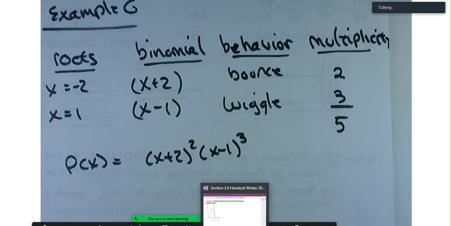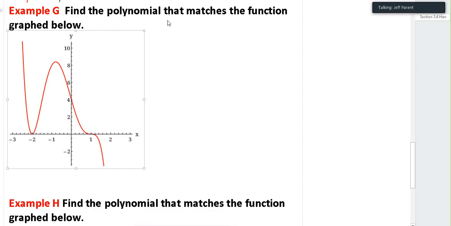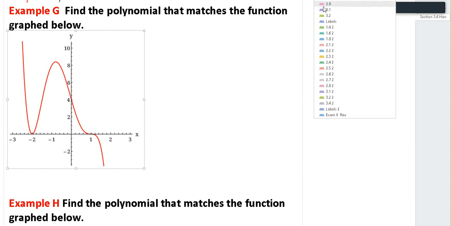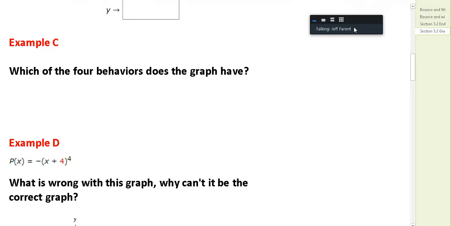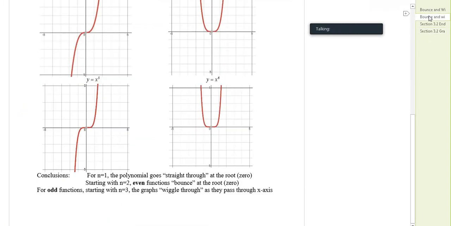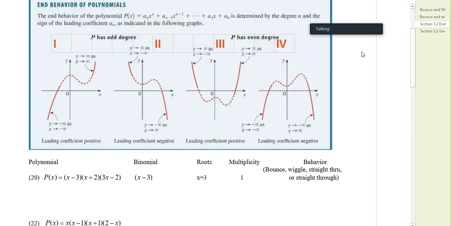Let me remind you about something. Maybe, let's see, do I have that handout here still? Is it 3.2? Yeah, here we go. Remember there were several different behaviors.